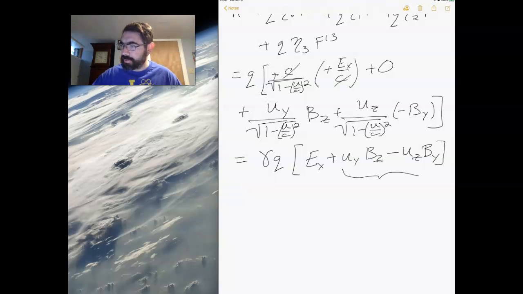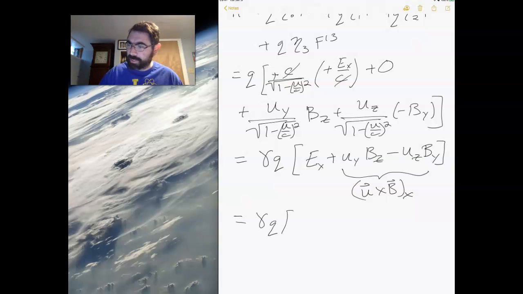This right here is the velocity crossed into the magnetic field, the x component of that. And so what we're left with is gamma Q times the x component of the electric field, plus the x component of the cross product of the velocity with the magnetic field.